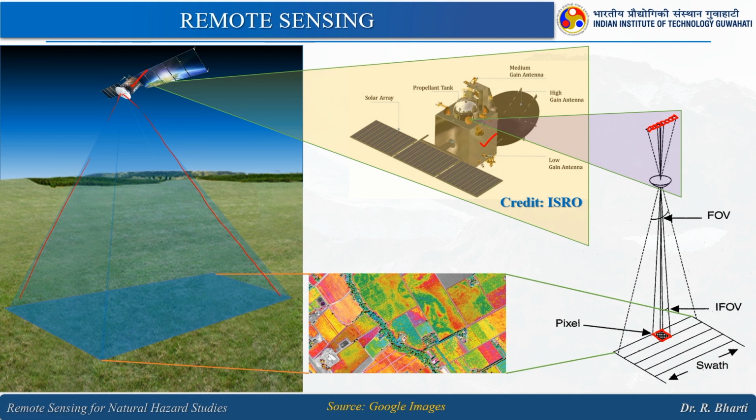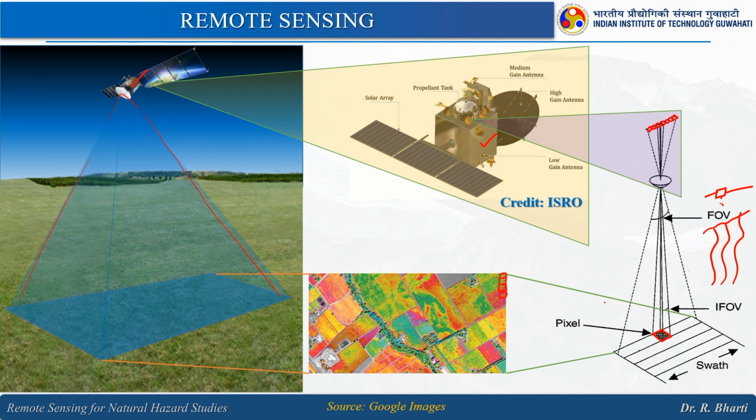So basically what we are doing, we are measuring the reflected, emitted or backscattered energy using a sensor, and this sensor is sensitive to a particular wavelength, and using that particular wavelength information this image is generated. If we zoom in, we will find it is made up of small check boxes, right.